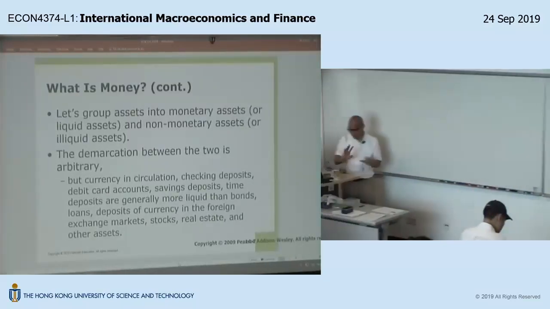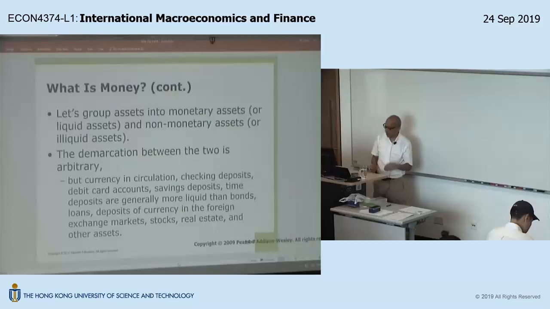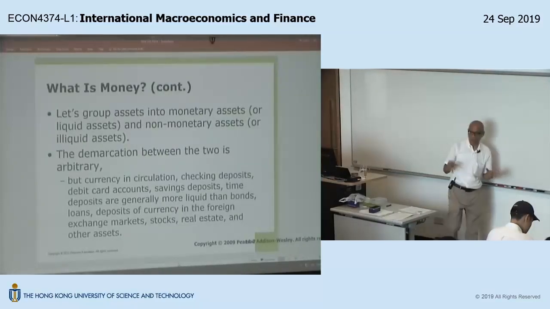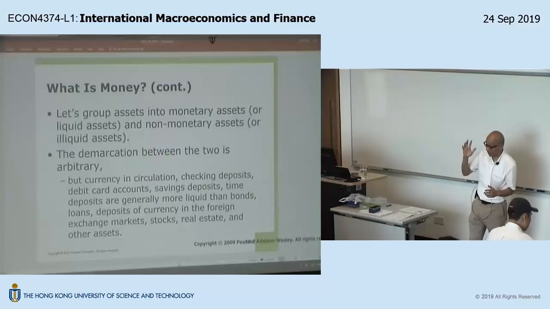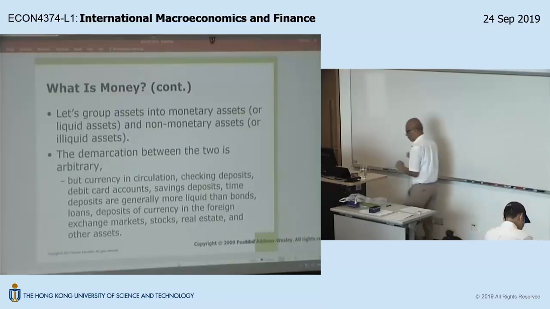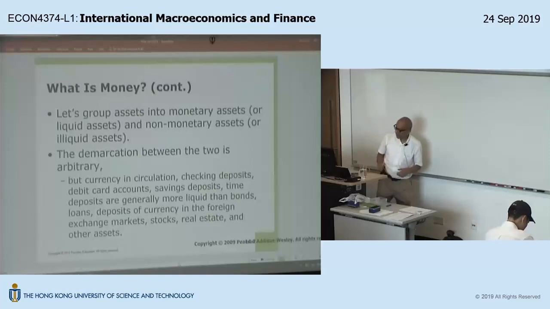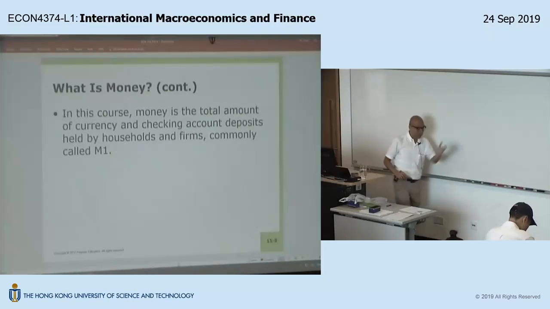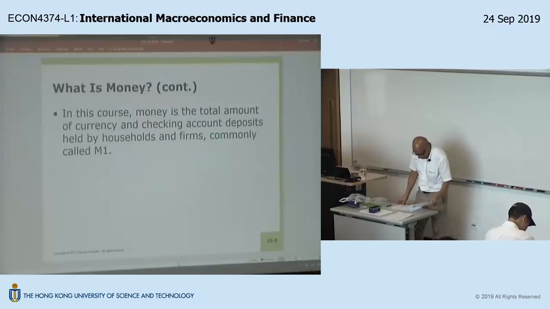So you have all these assets. As I said, we defined monetary asset as M1 in our course. Just assume that monetary assets is M1. Anything that's not M1 is a non-monetary asset. Just think of it that way. That's exactly what I just said.